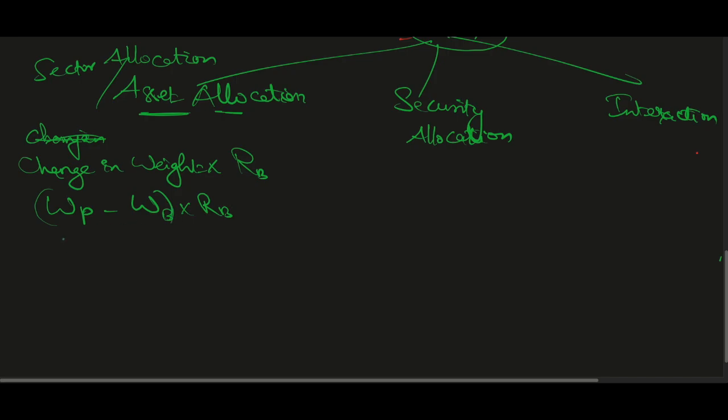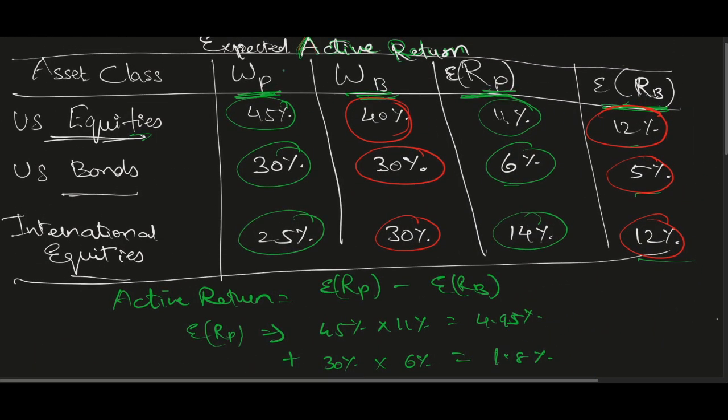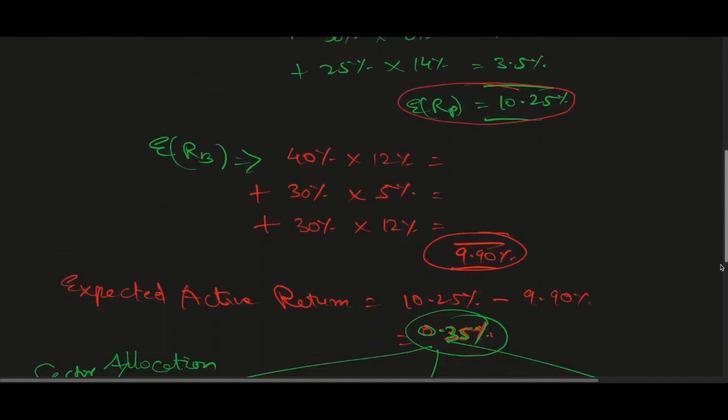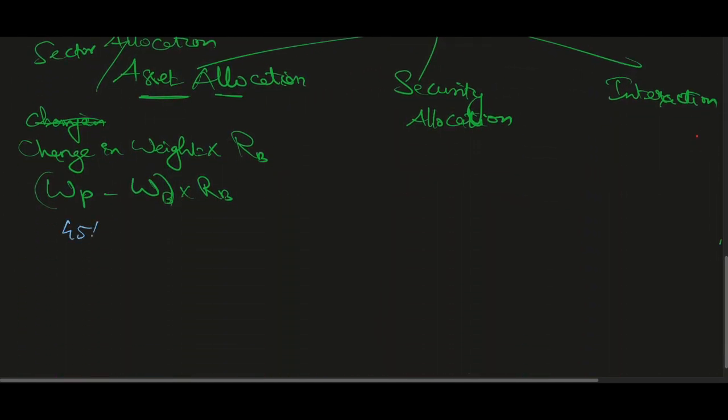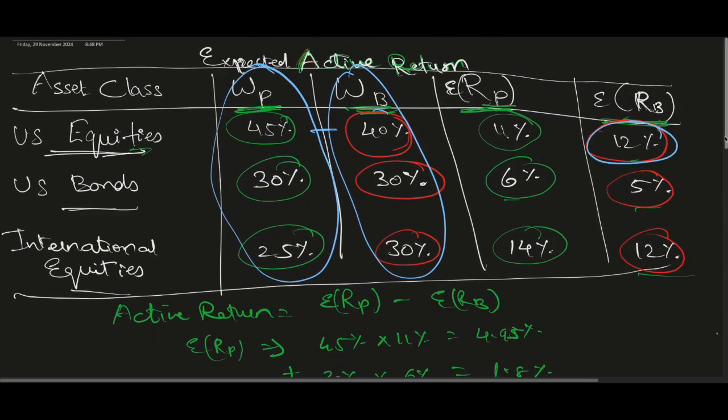Okay, so weight of the portfolio is here. So weight of the portfolio is this part, 45 percentage, and weight of the benchmark is 40. So 45 percentage minus 40 percentage into return of the benchmark. Return of the benchmark is 12 percentage.